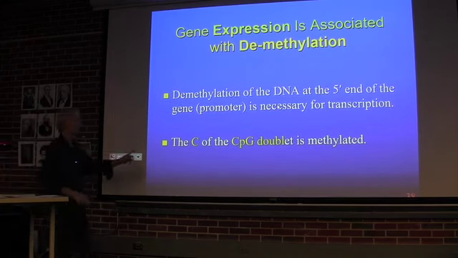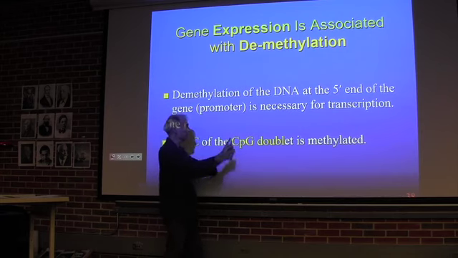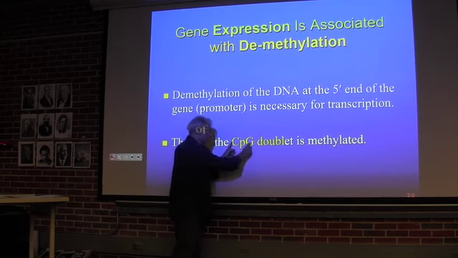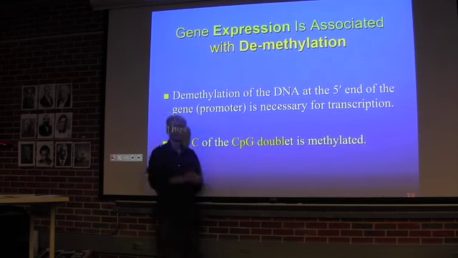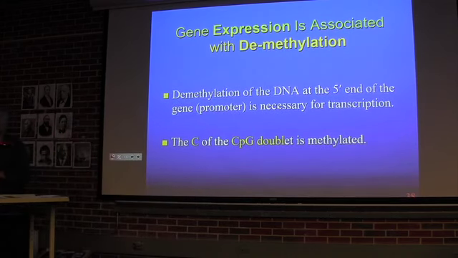It's the C that's methylated. So if you see this doublet, a C and a G, and it has to be 5' to 3' CG, that is a potential site for methylation.